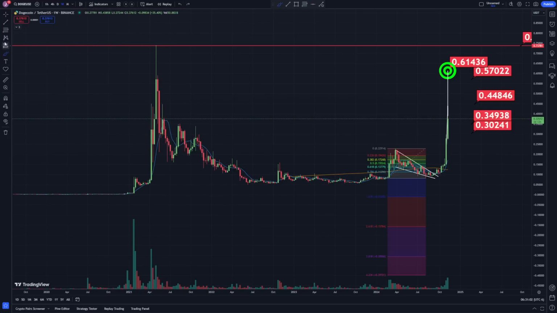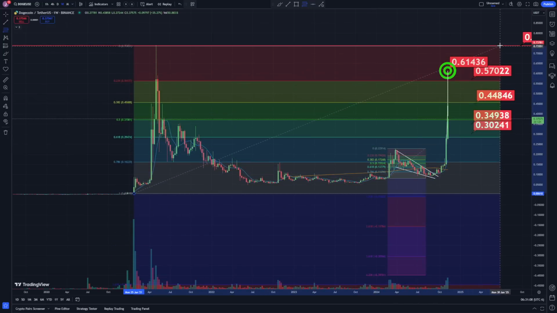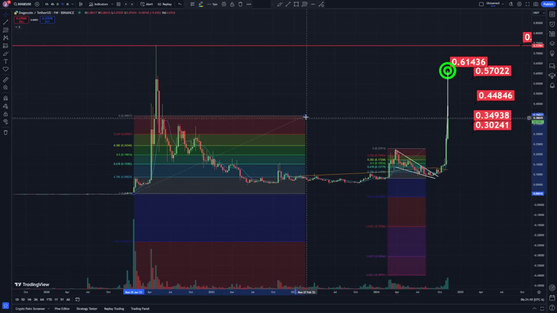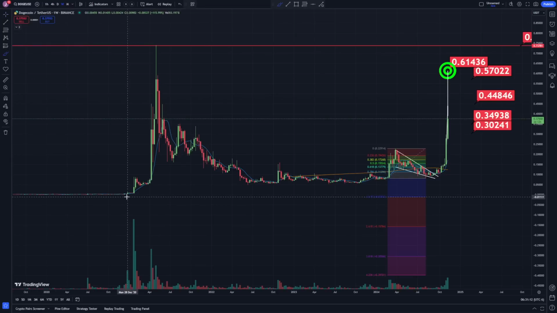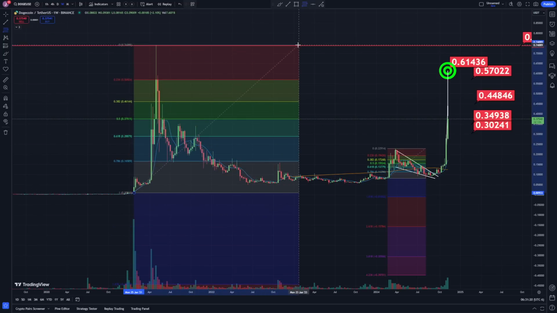Let's go ahead and do it from the bottom. Like I said, you could argue it both ways. So we get the Fibonacci retracement tool again. We have this big run up. We find the bottom of that run, click, drag, and bring it up to the top of the run over here. Then we click over here, something like that.